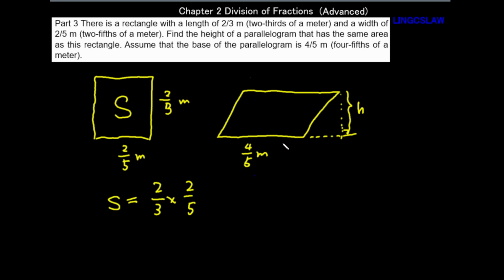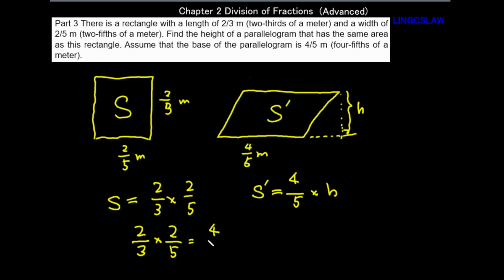And the area of this parallelogram is, let's say S prime, 4/5 times h. And these two have the same area, so therefore 2 over 3 times 2 over 5 equals 4 over 5 times h. And let's solve this equation.